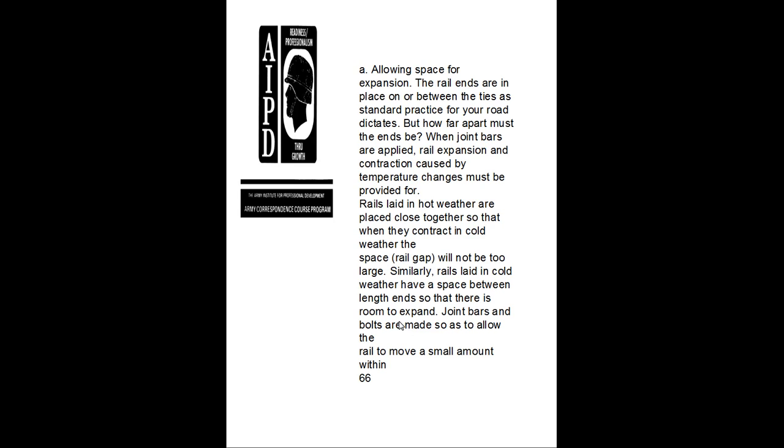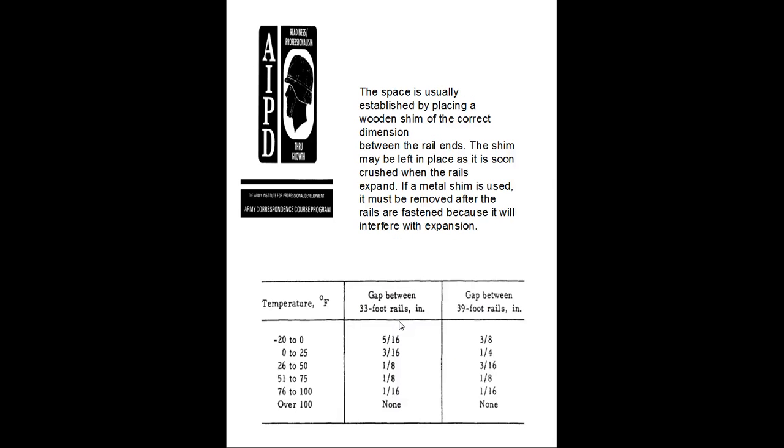Joint bars are bolted and made up as soon as possible, allowing the rail to move a small amount. Specially established practice is placing a wooden shim of the correct dimension between the rail ends. The shim may be left in the space, since it is soon crushed when the rail expands. A metal shim must be removed after the rail is fastened because it would interfere with the expansion.